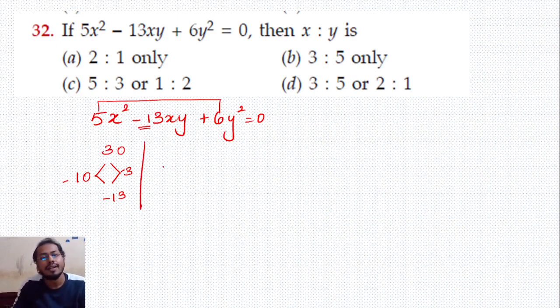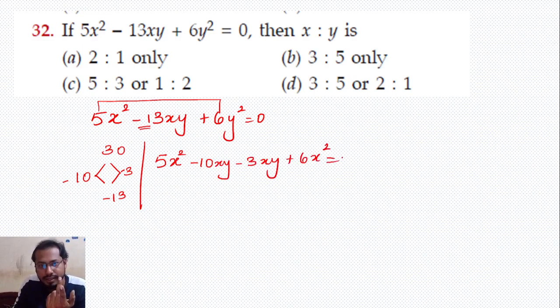Okay, so now negative 10, negative 3. So 5x square, negative 10xy, shall we take, negative 10xy minus 3xy plus 6y square is equal to 0.